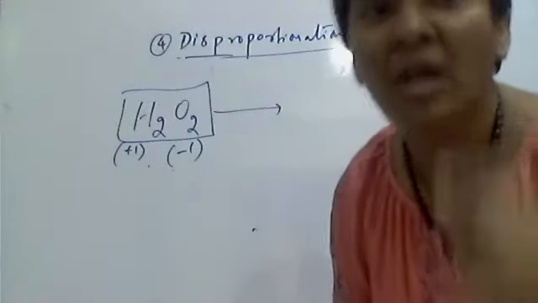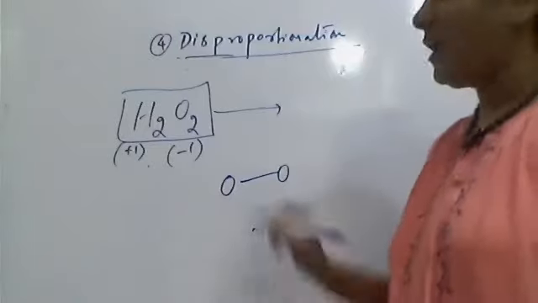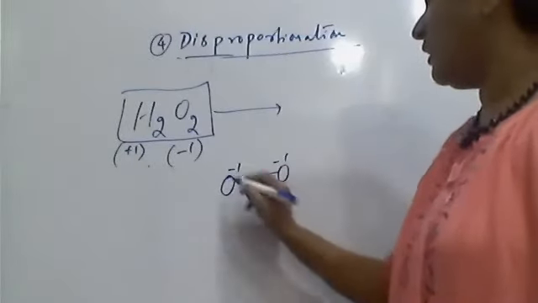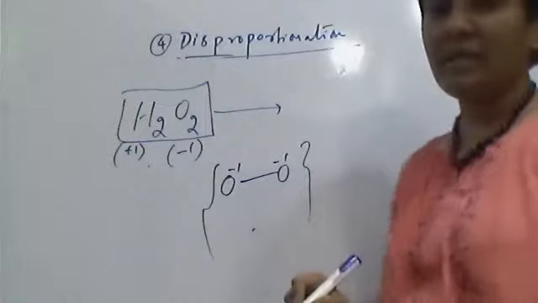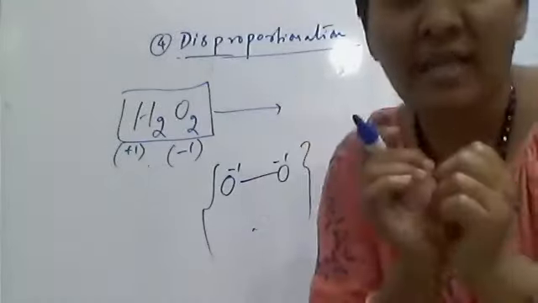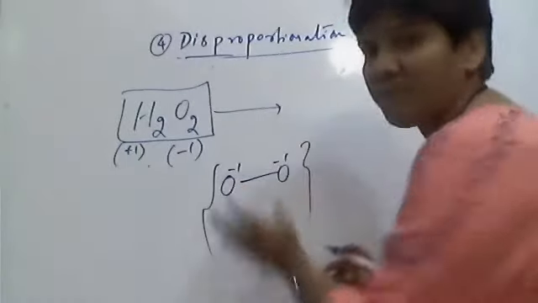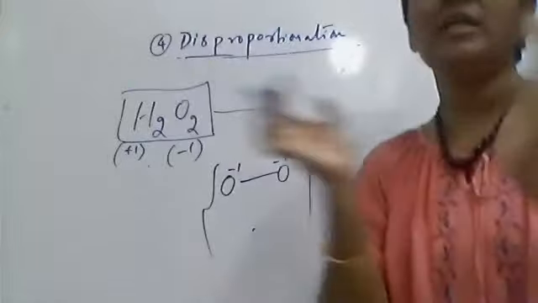Why is it unstable? Because the O-O single bond is a peroxy bond, and a peroxy bond always contains oxygen in the -1 state. Since both of the atoms are small in size, as they come closer, the electron clouds of both atoms repel each other.